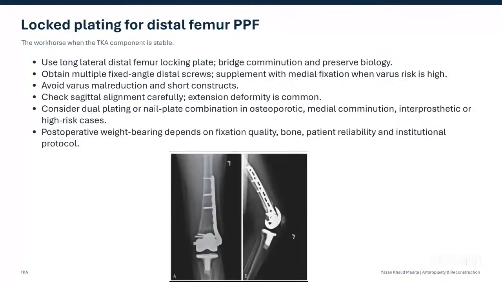Avoid varus malreduction and a short construct. Check sagittal alignment carefully; extension deformity is common. Consider dual plating or a nail-plate combination in osteoporotic, medially comminuted, or high-risk cases. Post-operative weight bearing depends on the fixation quality, bone, patient reliability, and the institutional protocol.